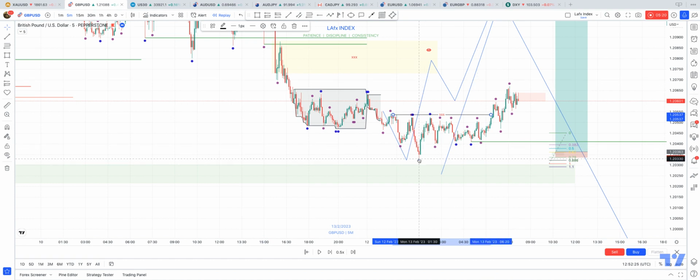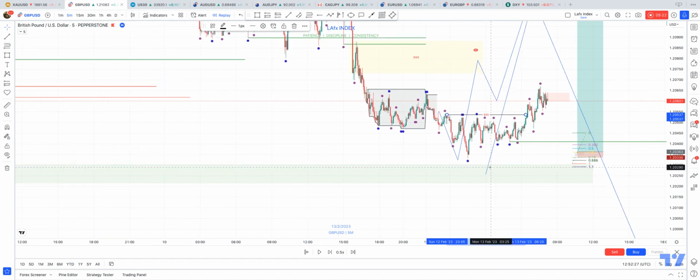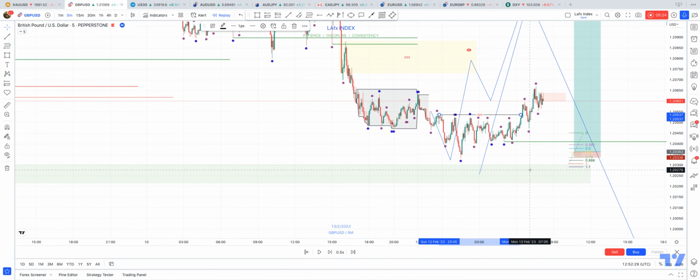Now we still haven't entered our demand area yet, so I'm assuming we wait for a sweep of this, a sweep of this, and then maybe this, depending on what price does. Maybe I'll probably wait for price to sweep this as well, or see what we have here.